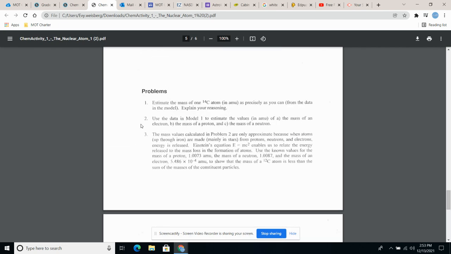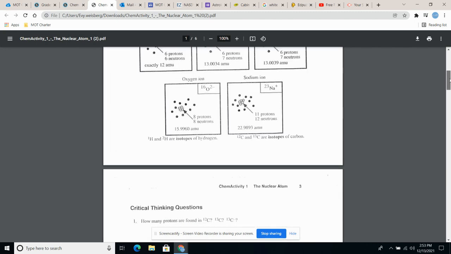And so the second question, you need to use the data model 1, which is pretty much the same thing as you did here. We need to estimate the value in AMU, the mass of an electron, the mass of a proton, and the mass of the neutron. We should have already done that if you have done problem 1 correctly.